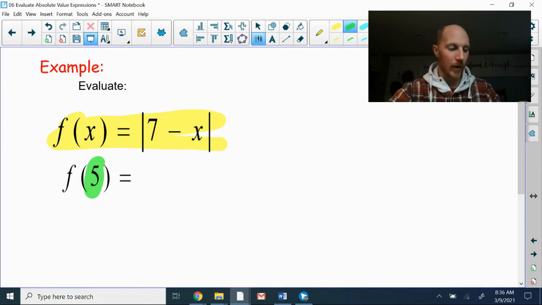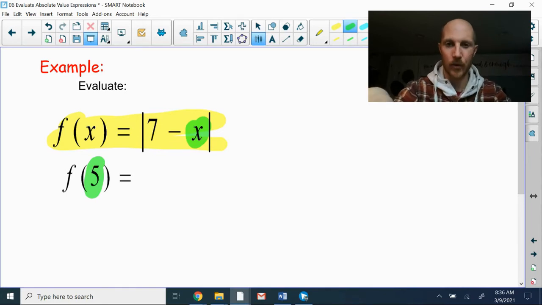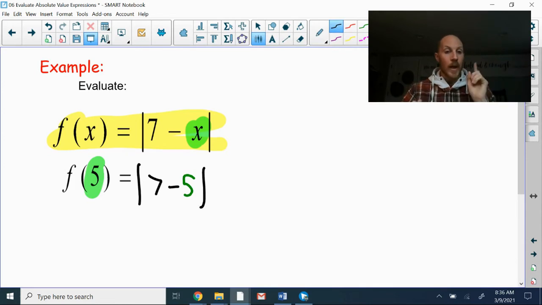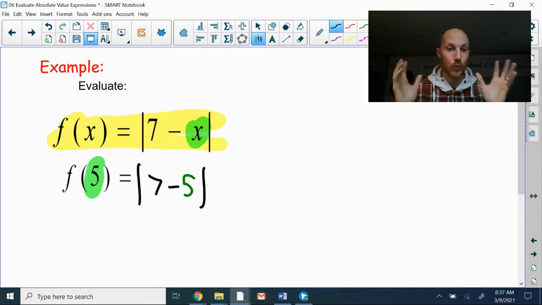We're asked to evaluate f of 5, which means I'm going to take 5 as the input value. It's going to replace the x in that original expression. So absolute value 7 minus 5. Okay, so these absolute value symbols do the job of grouping symbols.